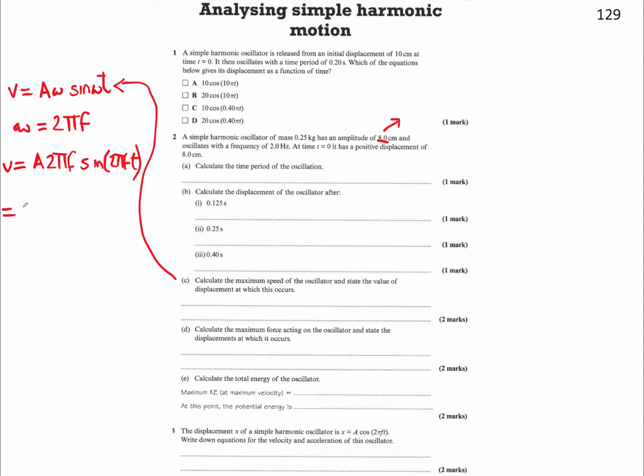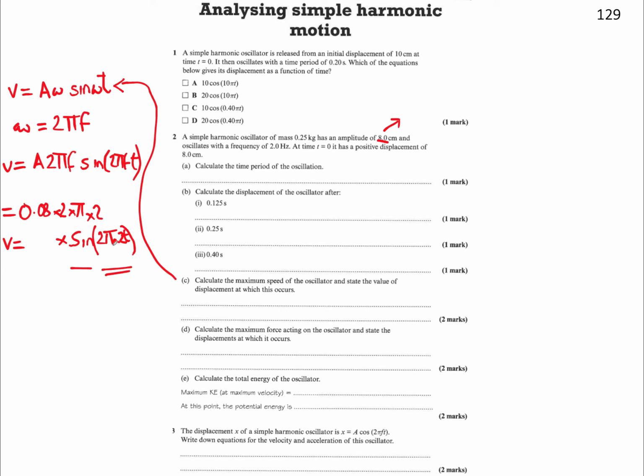So that'll be 0.08 times 2 times pi times 2 times sine of 2 pi times 2. We don't know what the time is, but what we should know is that the velocity is going to have its biggest value when the sine of whatever this is equals 1.